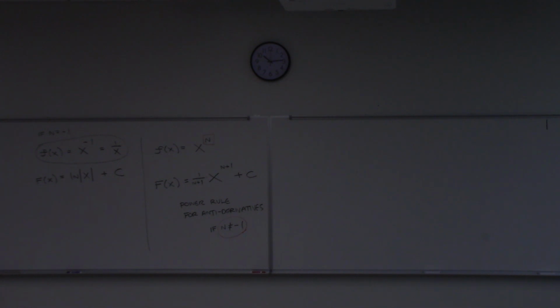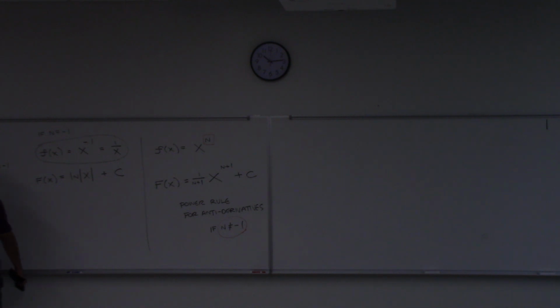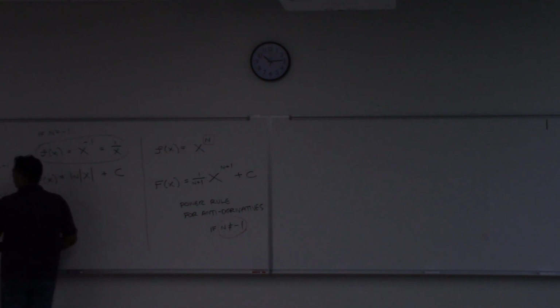If f of x equals x to the nth power, then the antiderivative, capital F of x, will be equal to one of two things. It'll be 1 over n plus 1, x to the n plus 1, plus c, if n is not equal to negative 1, and it will be natural log of the absolute value of x plus c if n is equal to negative 1. So it's like your two different scenarios.